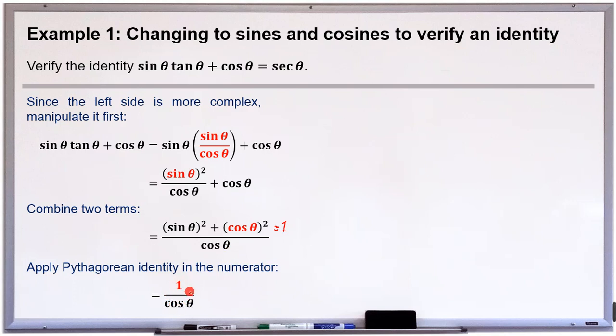And since 1 over cosine theta is the equivalent of the secant theta, because both are reciprocals of each other, 1 over cosine theta is simply equal to secant of theta. And we have just verified that the left side of the equation is equal to the right side of the equation.